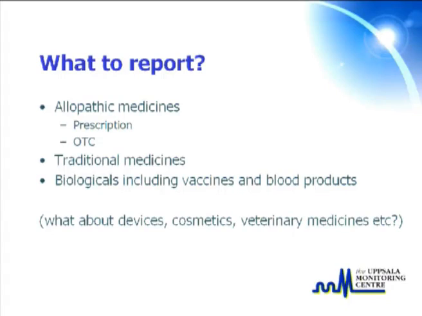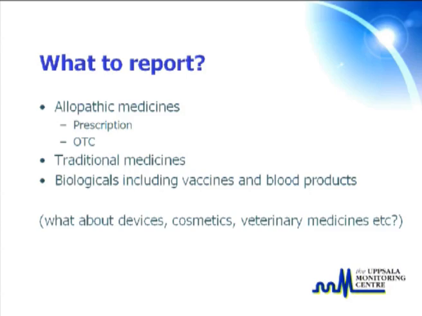And of course we want to have reports not only of, say, the normal medicines, so-called allopathic medicines, prescription, OTC. We want information about traditional medicines, biologicals, vaccines, blood products, and so on.